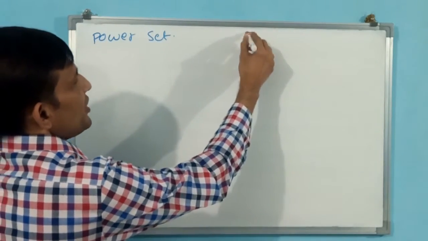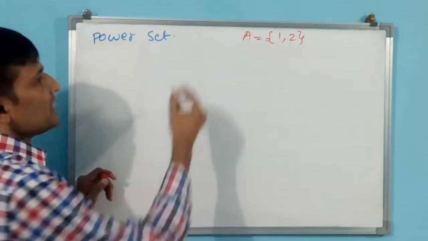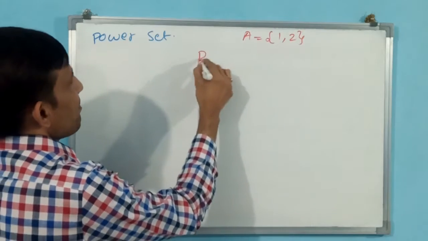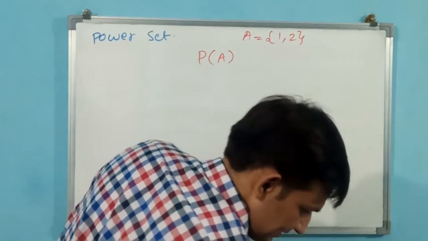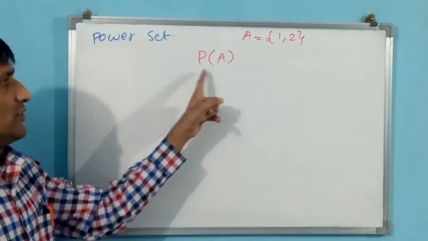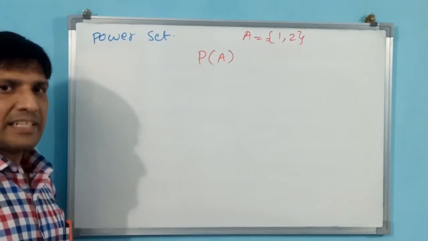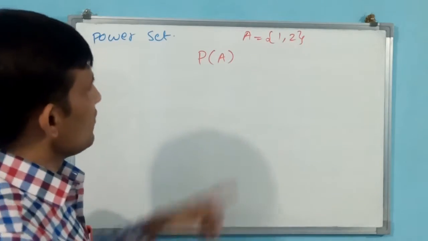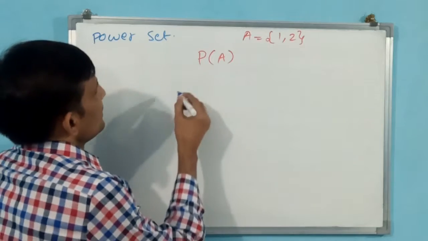Say A is equal to {1, 2}. Power set P(A). This is power set; P represents power set. What is power set? Let me write. Here A is {1, 2}.